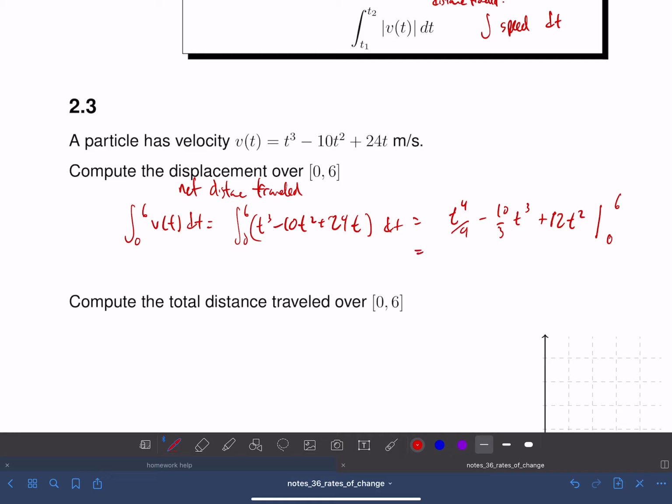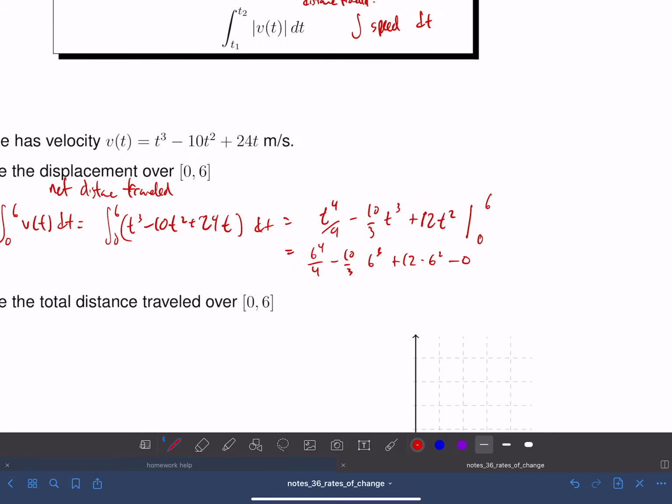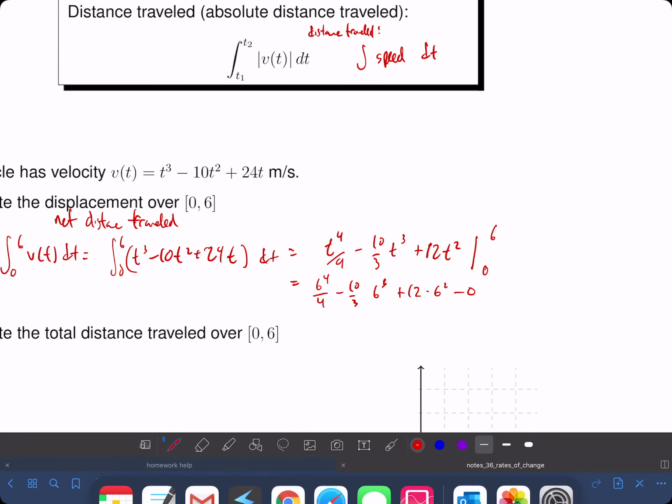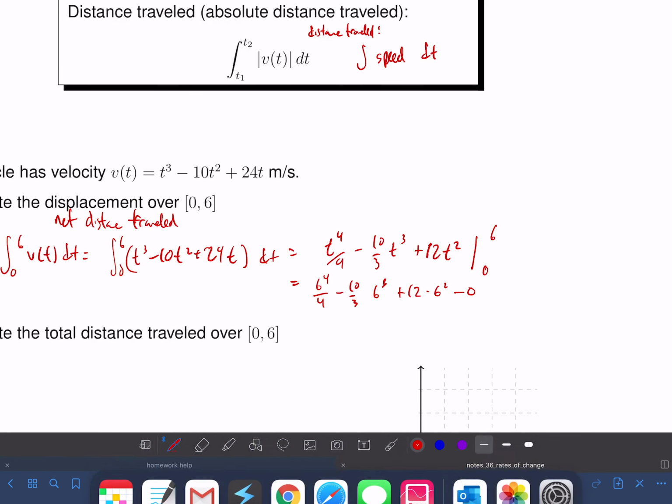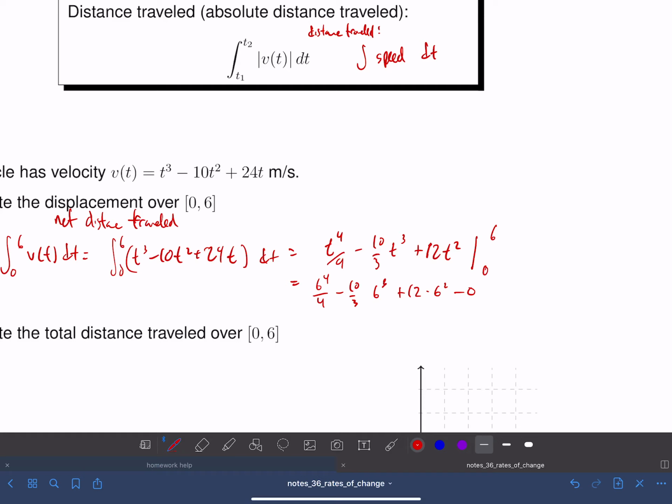It's equal to 6 to the 4th over 4 minus 10 thirds of 6 cubed plus 12 times 6 squared minus 0. I love it when the bottom thing is 0. It's great. And then I'm going to mash that into my calculator. I'm not going to bring up the digital calculator. You can mash it into your own calculator if you don't believe what I'm doing.